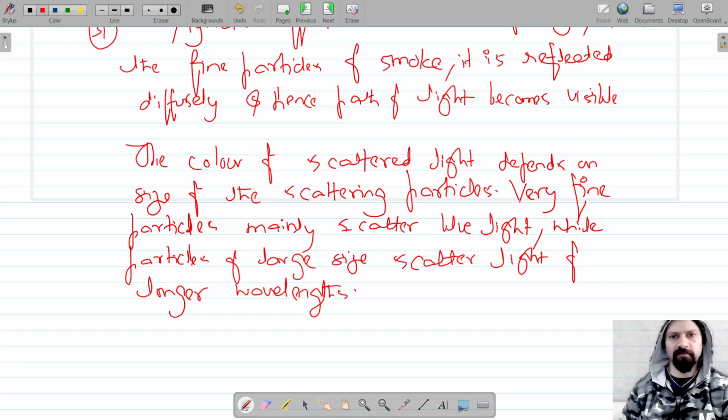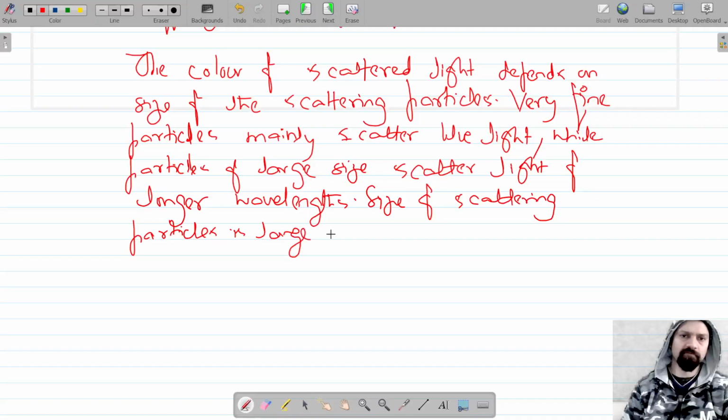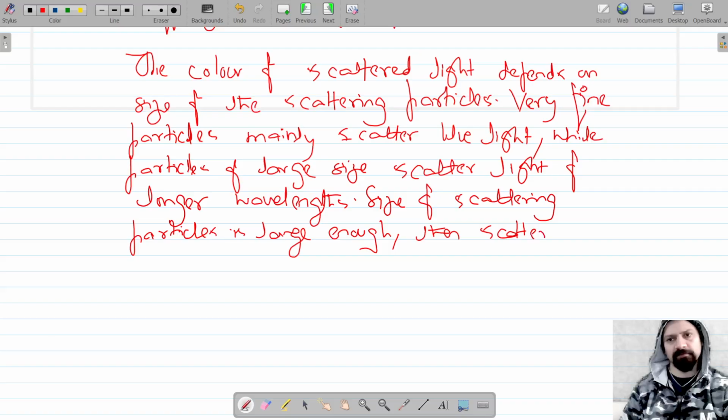And if the size of the scattering particles is large enough, then the scattered light may even appear white.